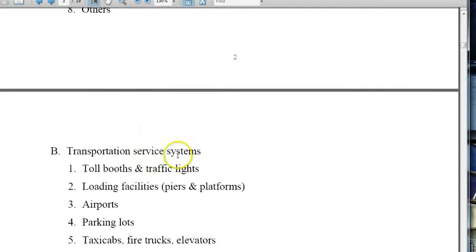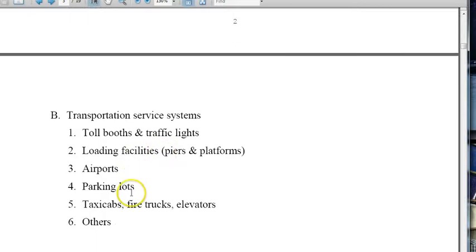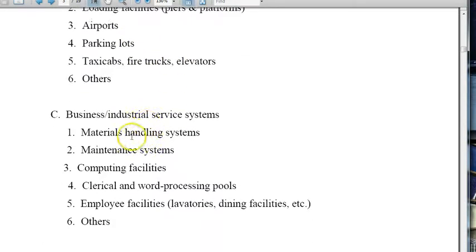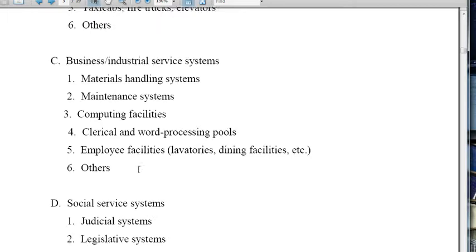In transportation area, you'll find queues in toll booth, landing, loading facilities, airports, parking lots, and so on. In business and industrial service systems, material handling systems, maintenance systems, computing facilities, internet was a prime example where there's a lot of queues back and forth.